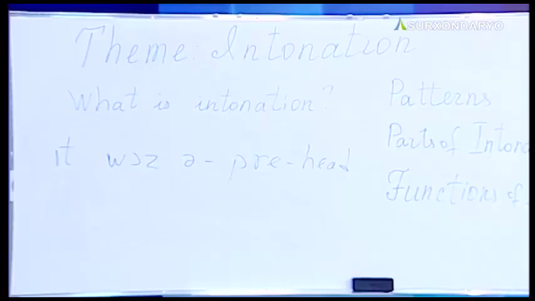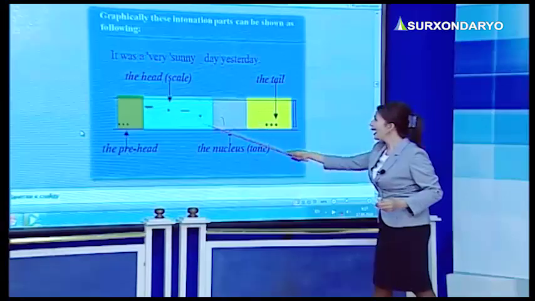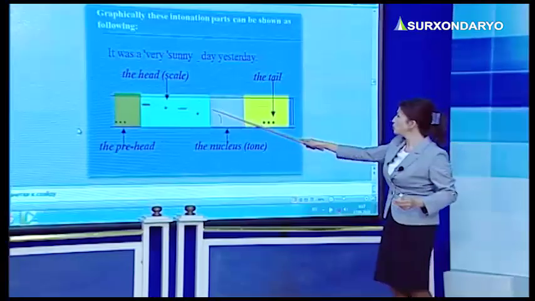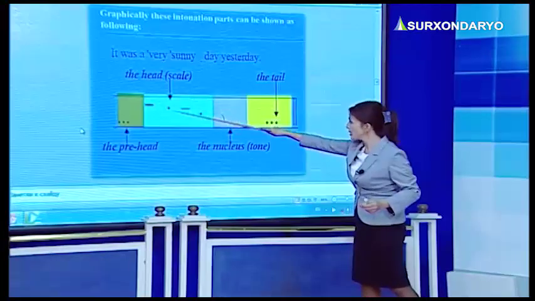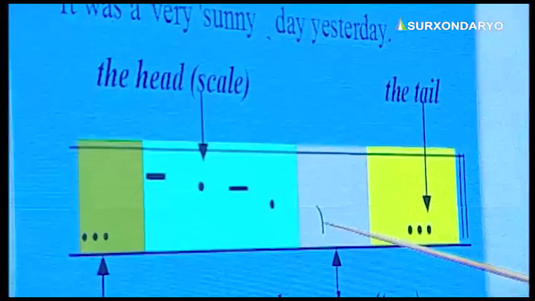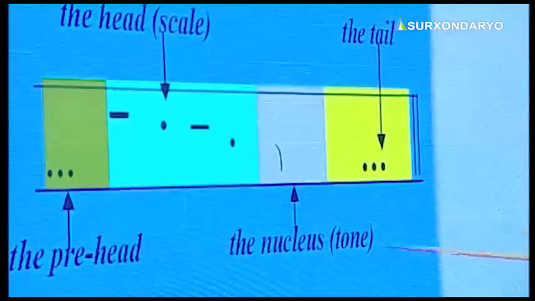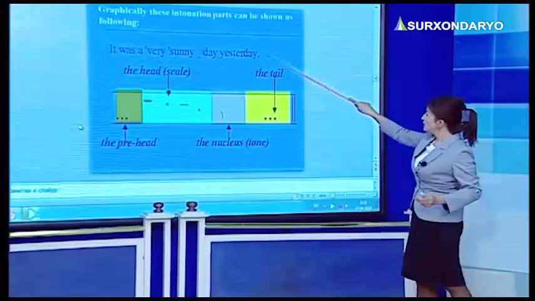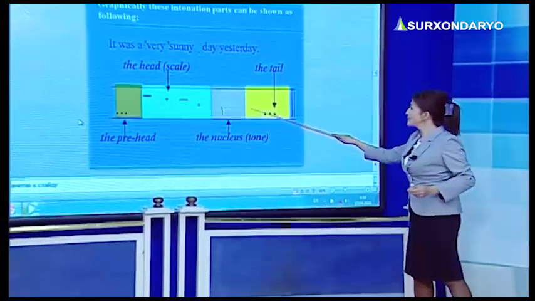Then "very sun-": these four syllables are the head of the intonation group. There is the first stressed syllable, and "ny" from the word sunny is the last unstressed syllable. And the nucleus of this sentence is "day," because "day" is the last stressed syllable.